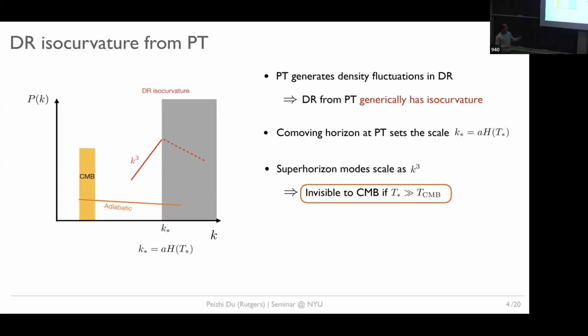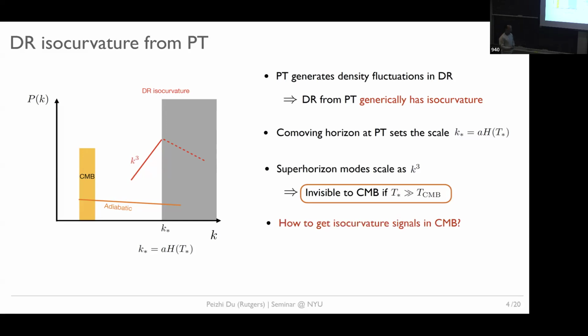And these two are separated by k cubed. So if you have some amount of scale separation, the power spectrum from isocurvature will be suppressed by k cubed by a lot. That means the isocurvature signals at the CMB scales will be much suppressed, whereas the usual adiabatic ones will take over. So that's why you might not hear much about the isocurvature signals at CMB from phase transitions.